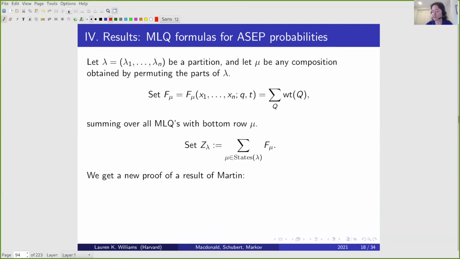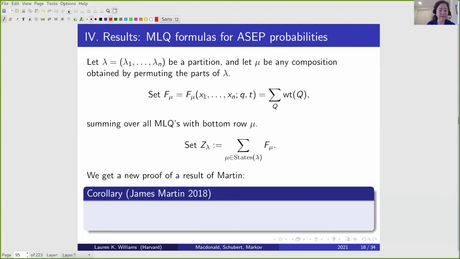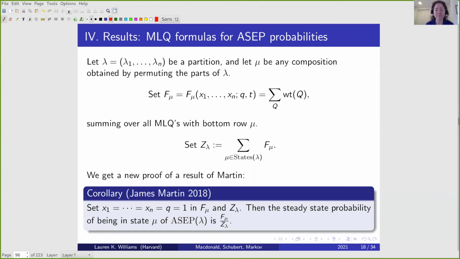So in addition to being able to understand Macdonald polynomials using this combinatorics, we also get a new proof of something that Martin had proved, which is a formula for all of our steady state probabilities in the multi-species ASEP. So remember, the multi-species ASEP didn't have these parameters x_i's and q. It only had hopping rate t.